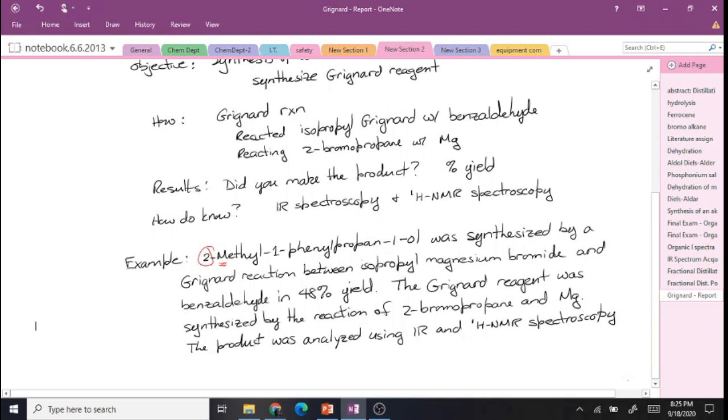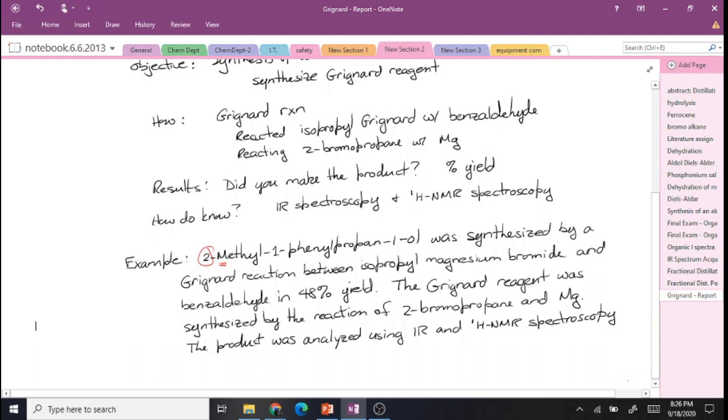So let's consider the parts of the abstract. I mentioned objective. What were we attempting to do? Well, we were attempting to synthesize the methylphenylpropanol. And notice that is being stated here at the very beginning, that the product was synthesized, and we're telling how it was accomplished: by a Grignard reaction between the isopropyl magnesium bromide and benzaldehyde.